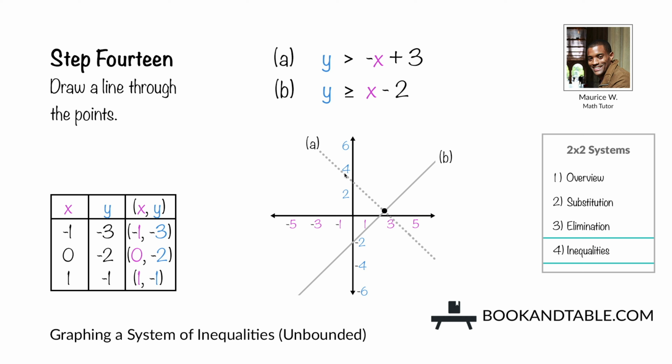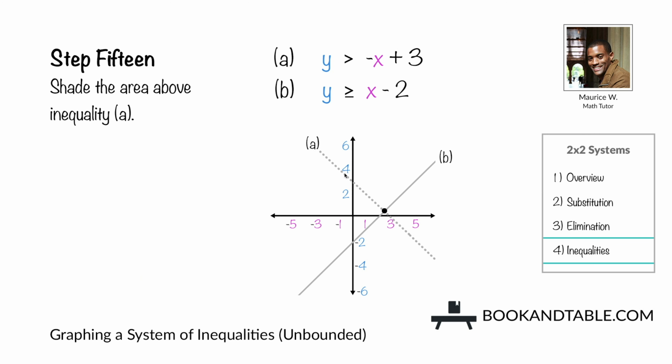And now that we have the sketch for both lines, we can now shade the areas that represent the solutions for each individual inequality. We want to shade the area above, greater than, above inequality A. So you go to the line for equation A and you shade the area above that line.